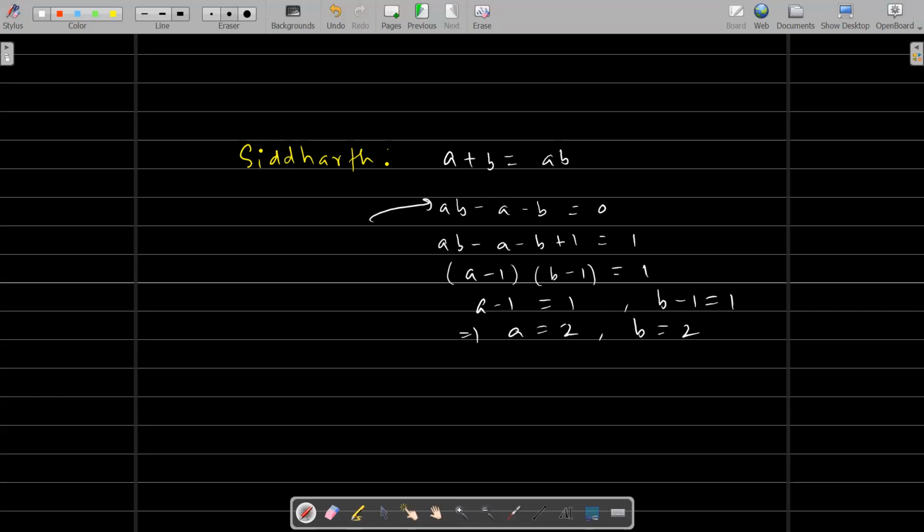You take A common from two terms, you want another B minus 1, so you have to add 1 and get minus B plus 1. Okay, fine. That's the solution.